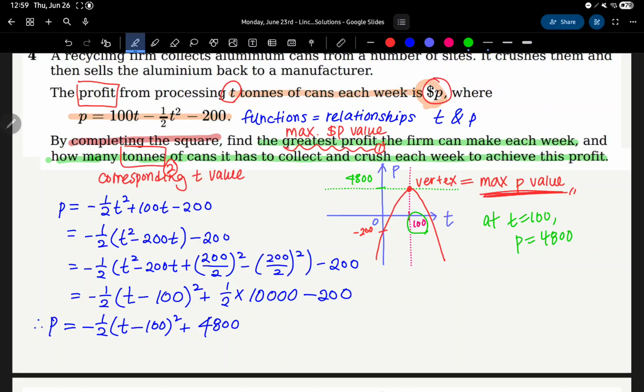What does that mean? The p-value is at its maximum, which is 4,800, at 100 tons of cans, right? So now we have both pieces of information we need. You're just going to write it out: basically, P is 4,800 and T is 100. And that is basically our answer.